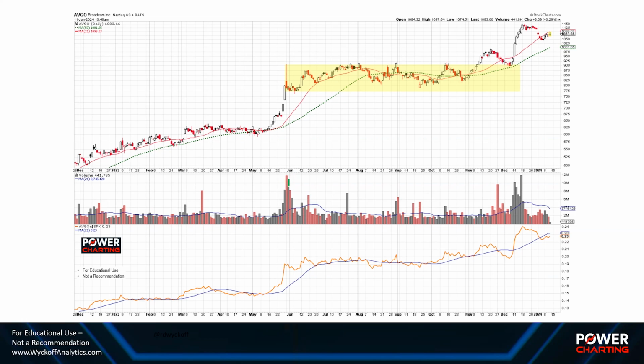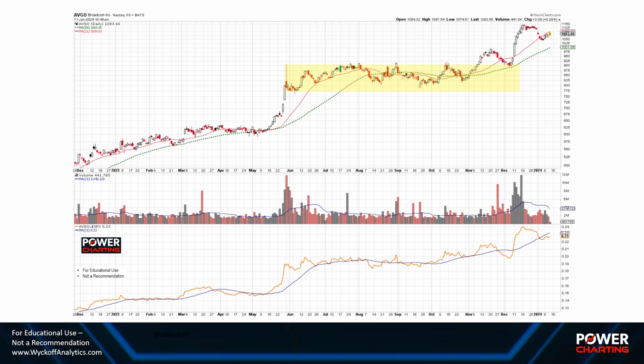And on very high volume, supply is massively present on that bar, which tells us that this is a stopping action for AVGO. Likely means that best case is a pause, a range-bound condition, reaccumulation for some period of time in the future. And in fact, it's the beginning of June all the way into the beginning of December.